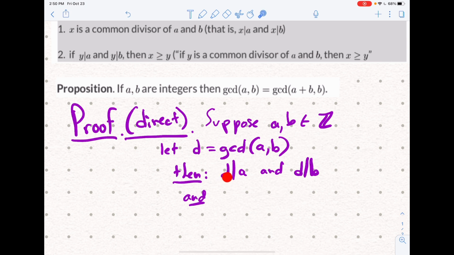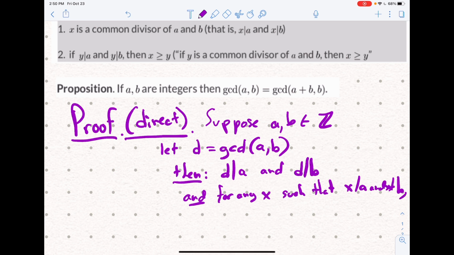This says that D is a common divisor. And then the next part will say that it's the greatest: for any x such that x divides A and x divides B, we have that x is less than or equal to D. So this says if you take any other common divisor, it will be less than or equal to D.